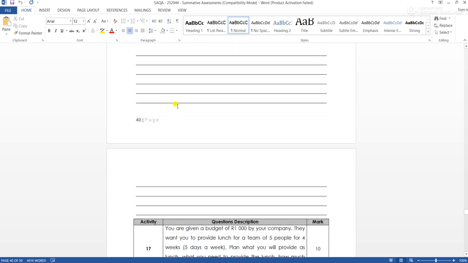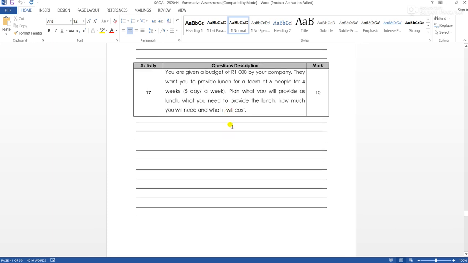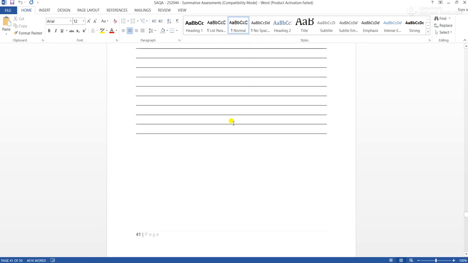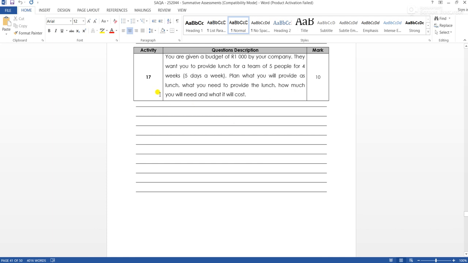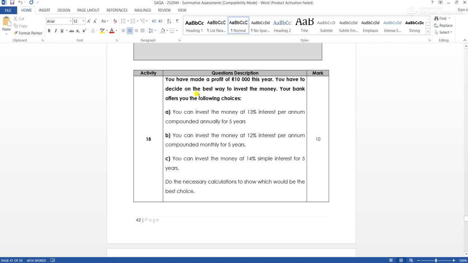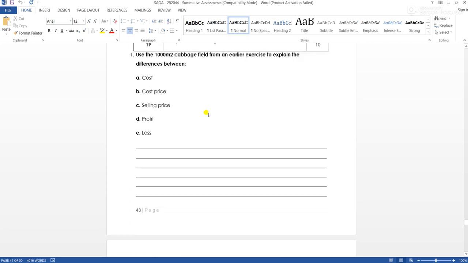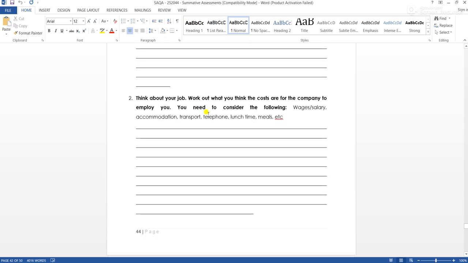So this is similar to the workbook you were given. These answers are retrieved from your formative assessment. So what you have written on your formative assessment, you can just paste on this side. Same thing with activity 18. I extracted. Same thing, activity 19.